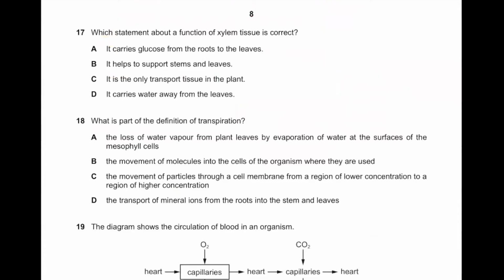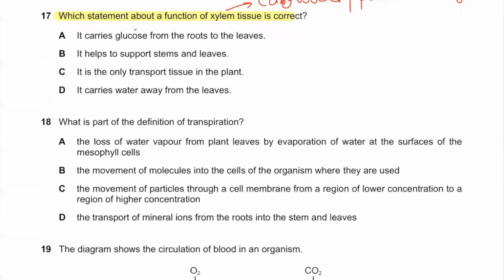Question 17. Which statement about a function of xylem tissue is correct? Xylem tissue's function is to carry water and provide strength. So we will write it down. The main function of xylem is to carry water and also it provides strength. The first statement says it carries glucose.